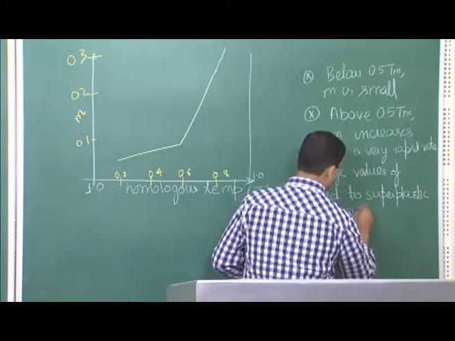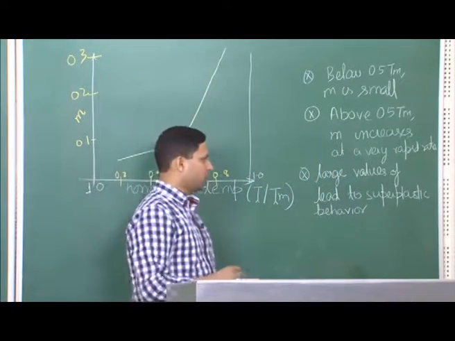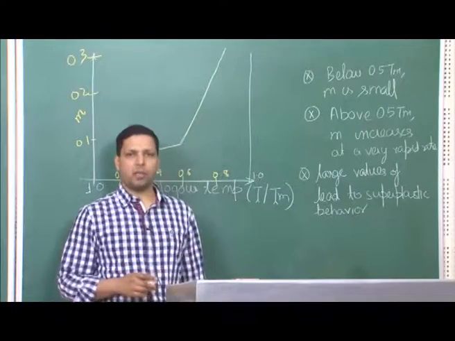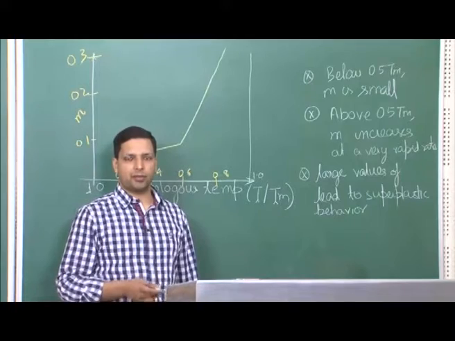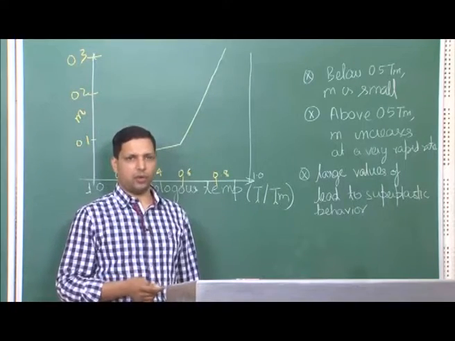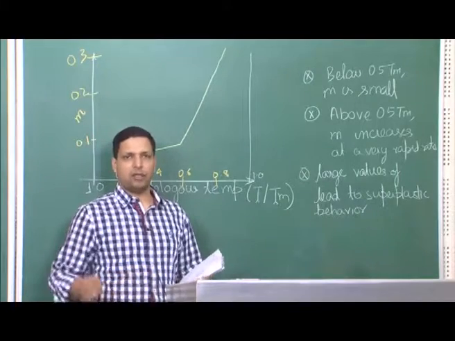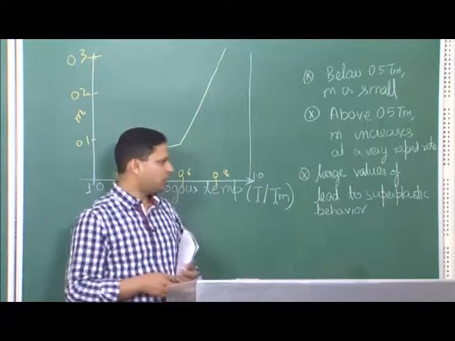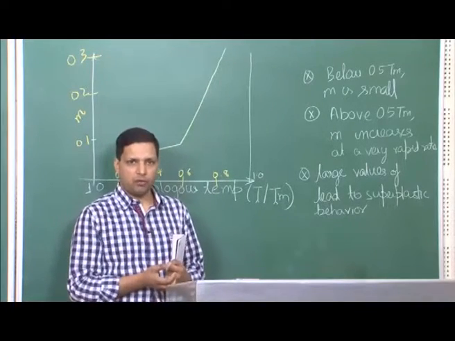What is superplastic? We will not go into detail, but I will just give you the working definition. Superplastic behavior is when you are able to deform a material to very large strains without causing defects in it. Just imagine, again let us get back to our tensile test. We will this time take a compressive test. If you try to do a compressive test and keep doing the deformation, what will happen?